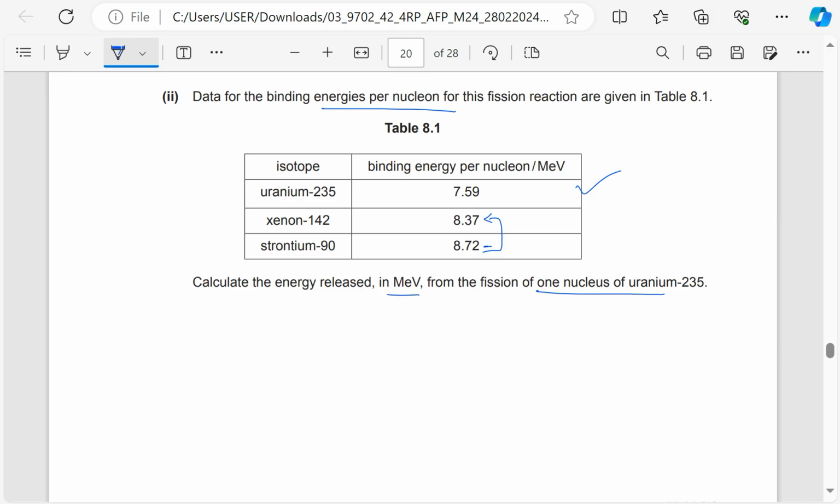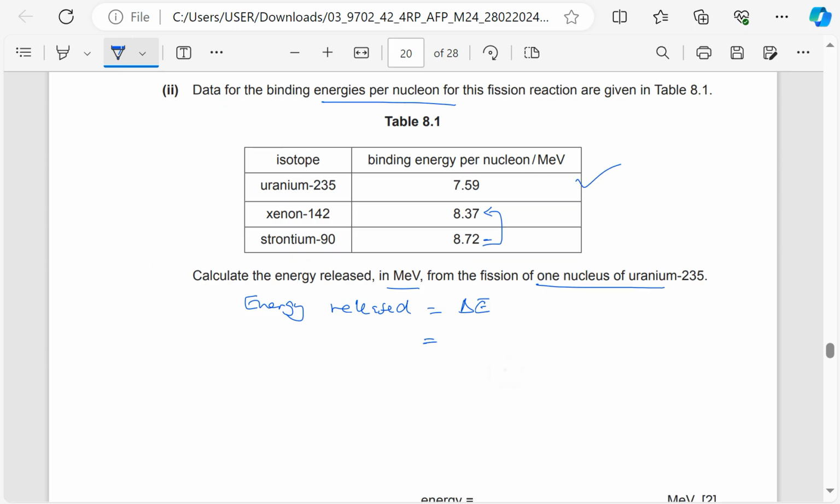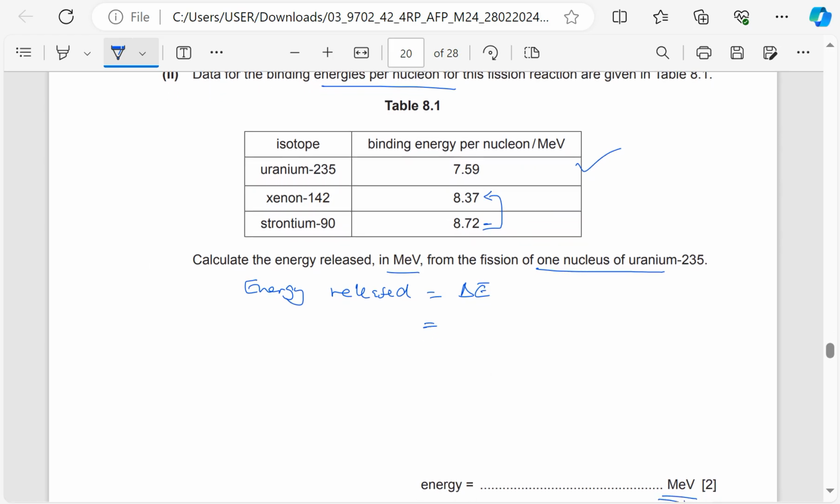So the energy released is going to be equal to the difference in the energy on both sides of the equation. On the right hand side we have xenon, which is 8.37, that is energy per nucleon.